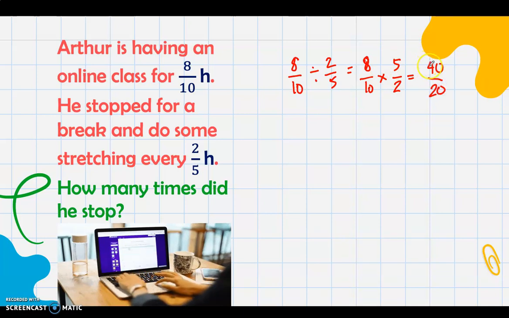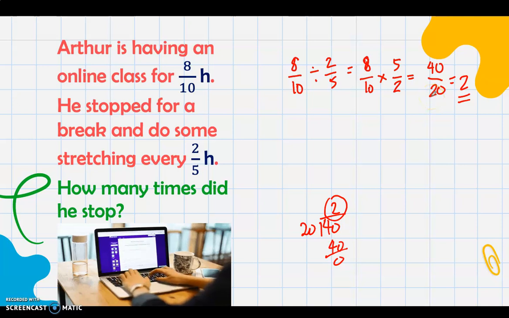So you have 40/20. That's an improper fraction, so you divide it. 40 divided by 20 is 2, with no remainder, so there is no fraction, just a whole number. Therefore, the answer is 2. Arthur stopped 2 times for his online class during that hour.